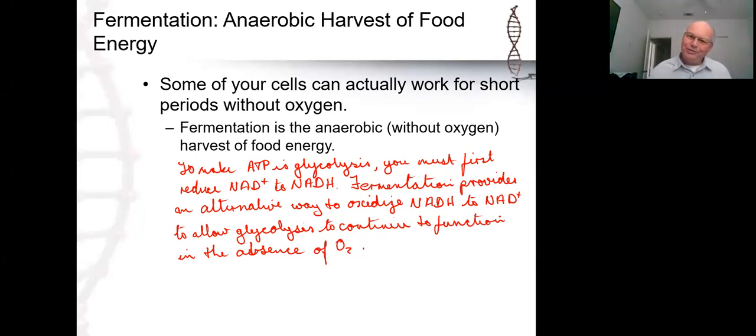Because in the absence of oxygen, you don't have an electron transport chain, you don't have a functional mitochondria, you're not oxidizing NADH back to NAD+. Got to have an alternative way of doing it. That's the role of fermentation.